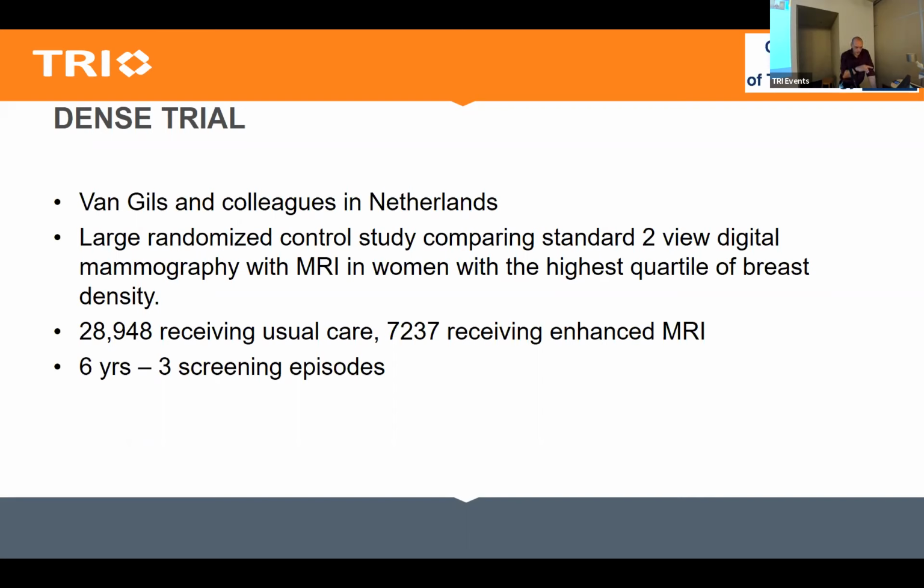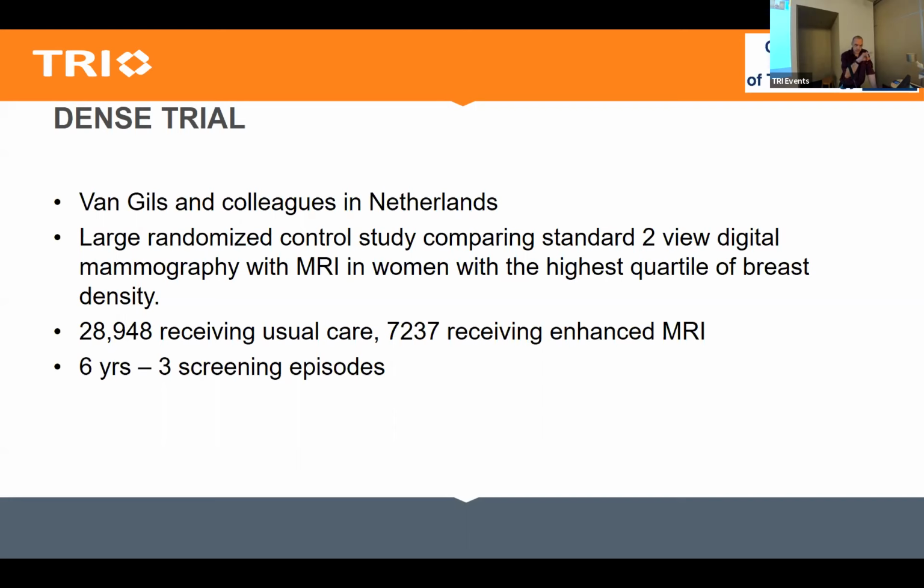So we screen a bunch of people, we find a certain number of cancers, and then before their next screening episode, the real outcome that you're looking for is how many cancers clinically developed and became discovered before the next MRI study. And the assumption in that is that those are the ones that were missed, those are the ones that were growing, and therefore those are probably the killer cancers that should be being picked up by any screening program.